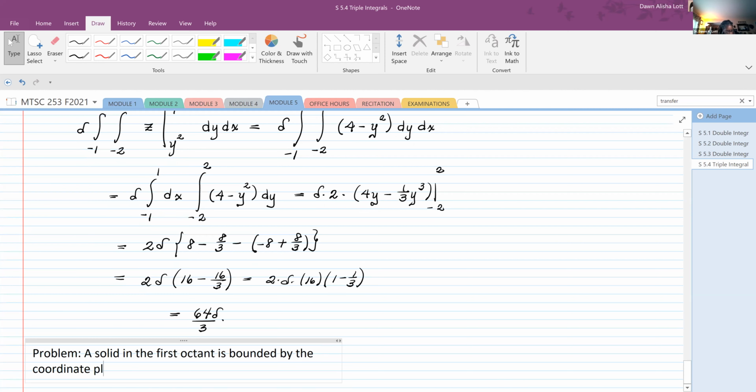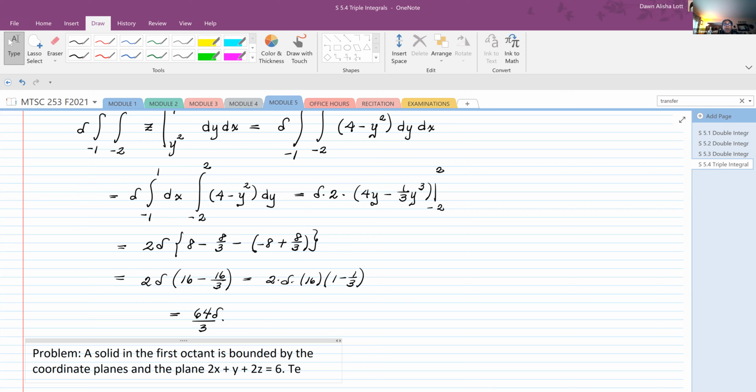Planes, and the plane 2x plus y plus 2z is equal to 6.